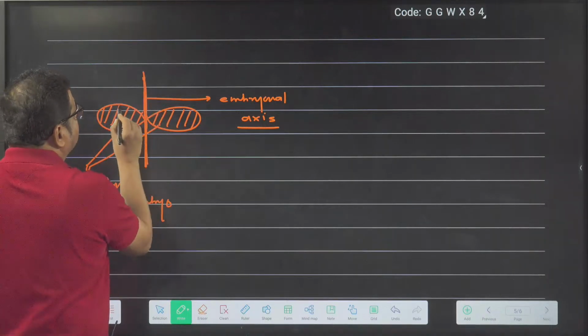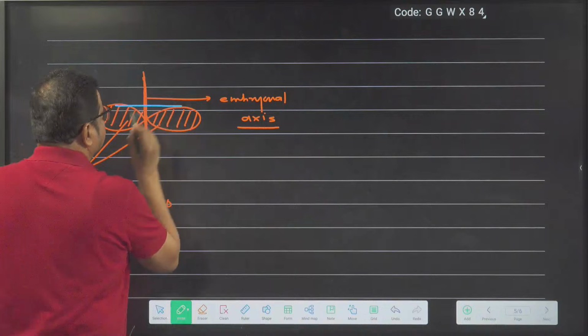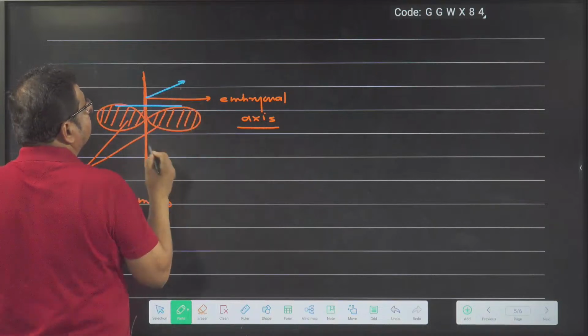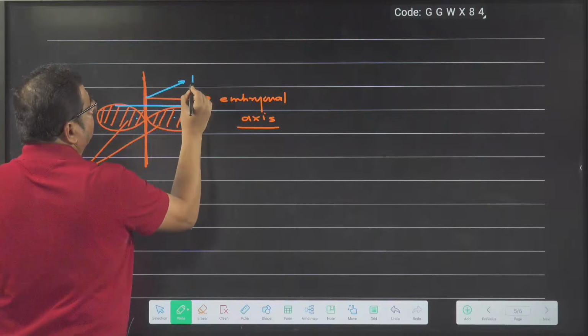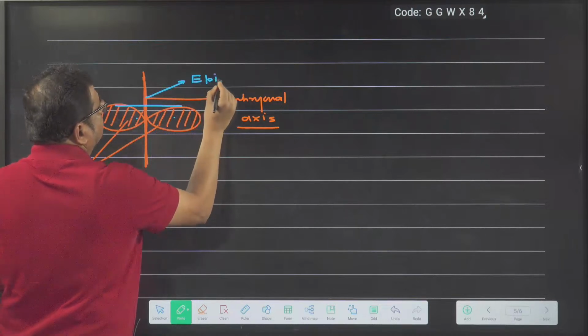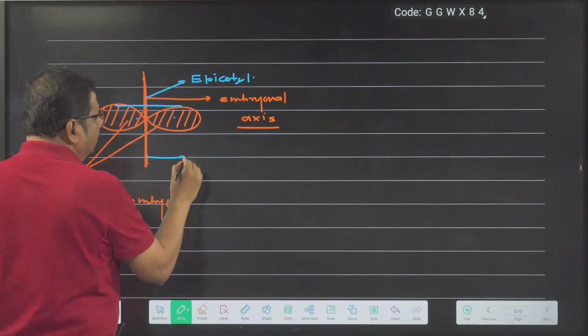This part of the embryonal axis above the cotyledon is called epicotyle, and which is below is called hypocotyle.